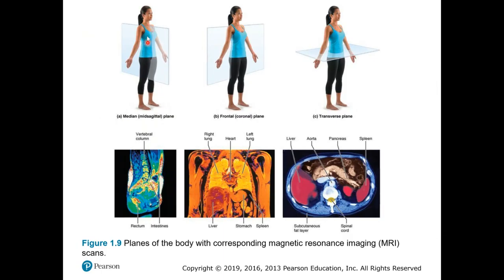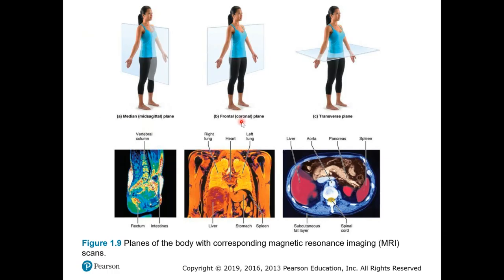So the longitudinal axis of the body goes along this way. If you cut right down the middle to where you have a right and a left half of the body, that is a sagittal section. If it's right smack dab in the middle, it's a mid-sagittal section. We take a slice that gives us a front and a back.